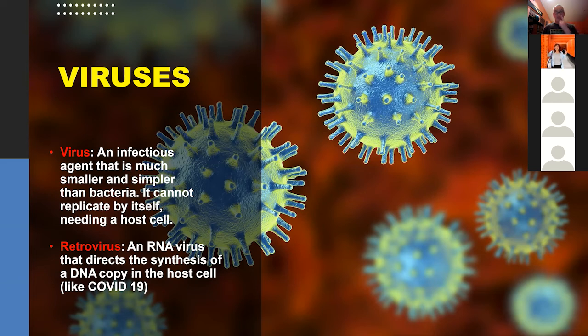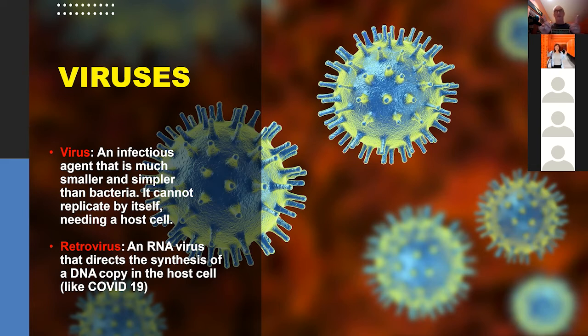And so a retrovirus is a virus made of RNA. Most viruses are made of DNA for the same reason that we use DNA, because it's more stable. But the really, really simple viruses are called retroviruses that basically have short, single-stranded, in some instances double-stranded RNA, what they call a genome.